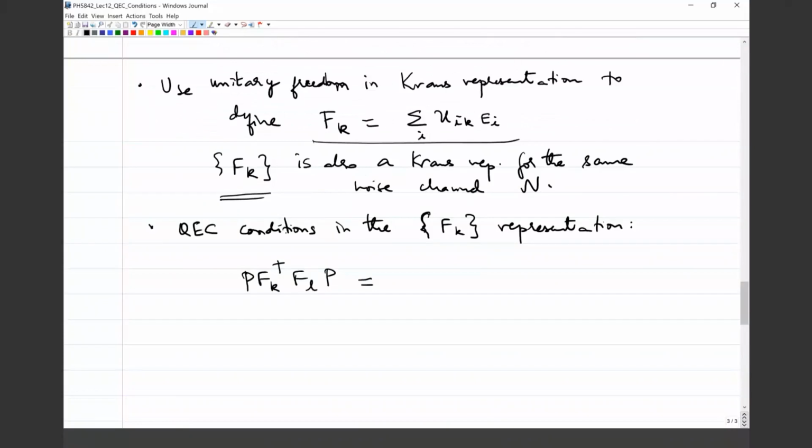I can write this as the sum over I and J, UIK star EI dagger, then UJL EJ, with P on the sides, so this is UIK star UJL times P EI dagger EJ P, right?